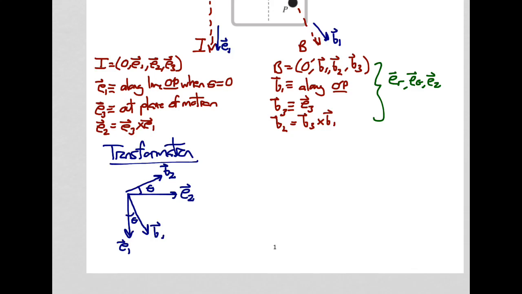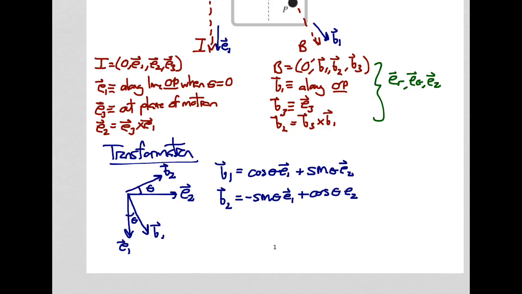So if we express B1 in the E1, E2 basis, then B1 is going to be equal to cosine theta E1 plus sine theta E2, and then B2 is equal to minus sine theta E1 plus cosine theta E2.